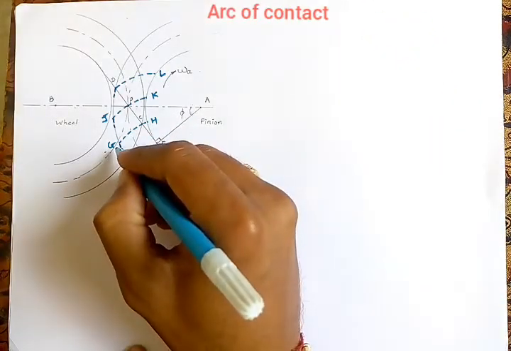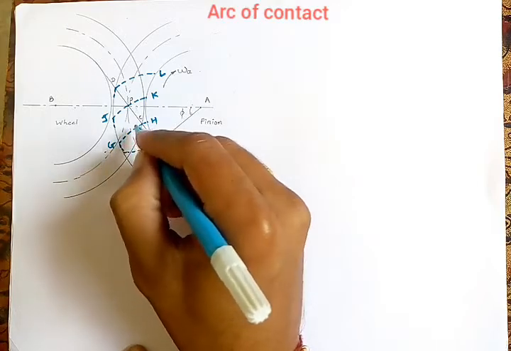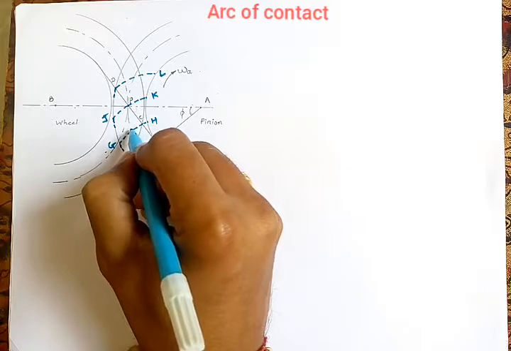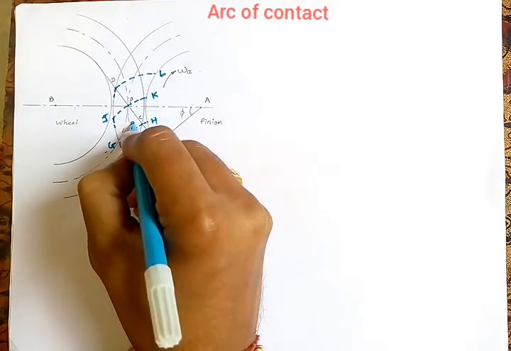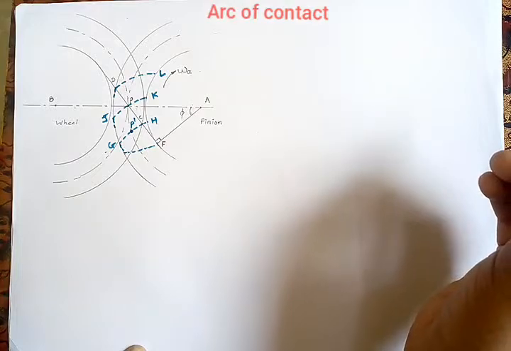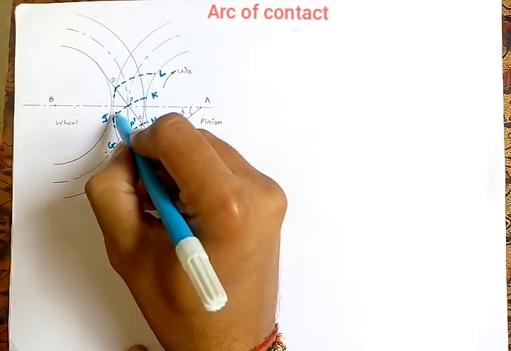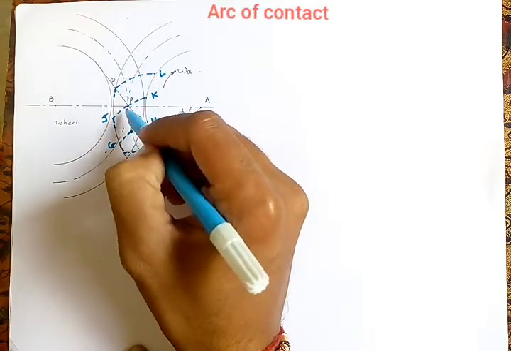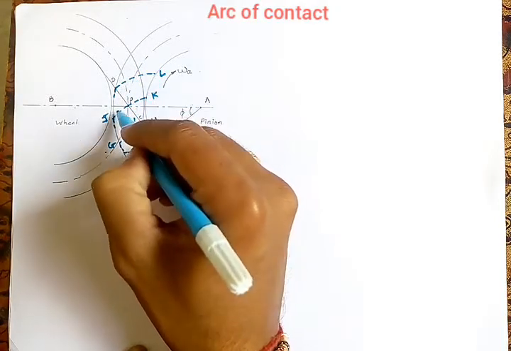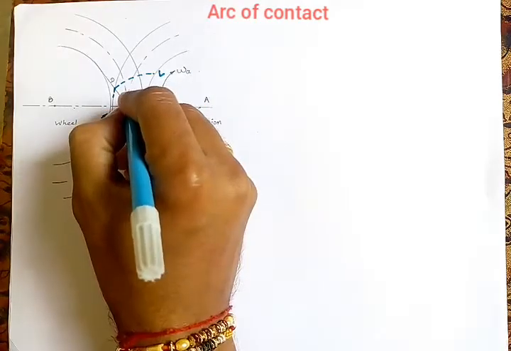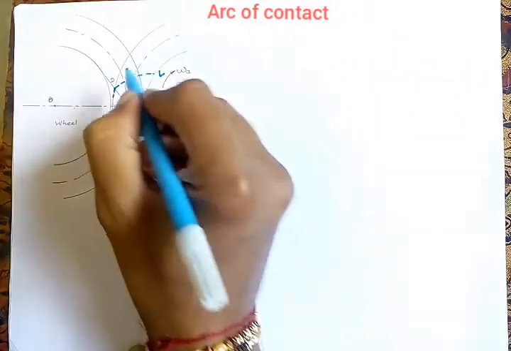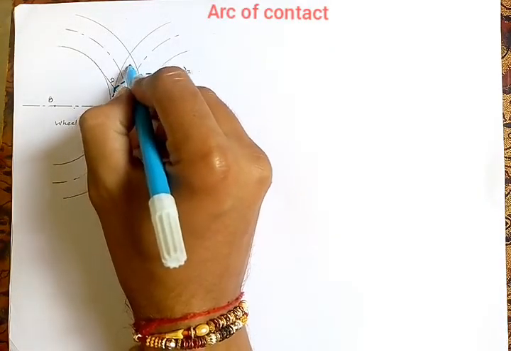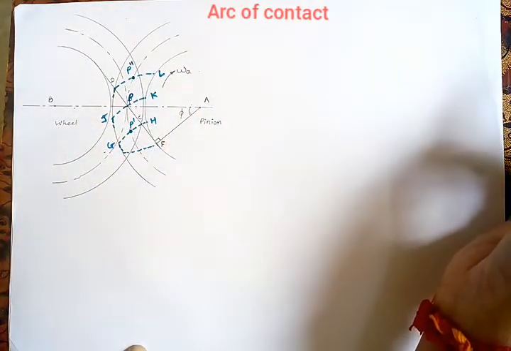So the GH involute cuts the pitch circle of the pinion at point P dash. At JK, the profile intersects the pitch circle of the pinion at point P, and at the end of engagement, the profile cuts the pitch circle at point P double dash.